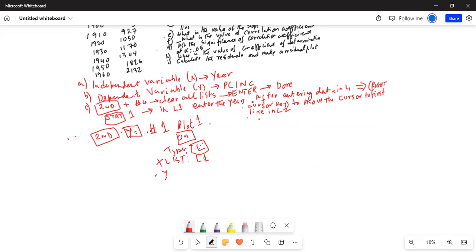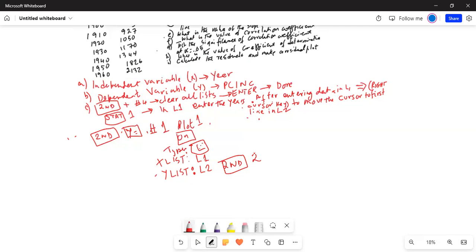Y list should be L2. If it is not L2, you have to make it L2. How do you do that? You press the second button and then 2 to make it L2. So second y equal to number 1. Y list should be L2, second and 2.